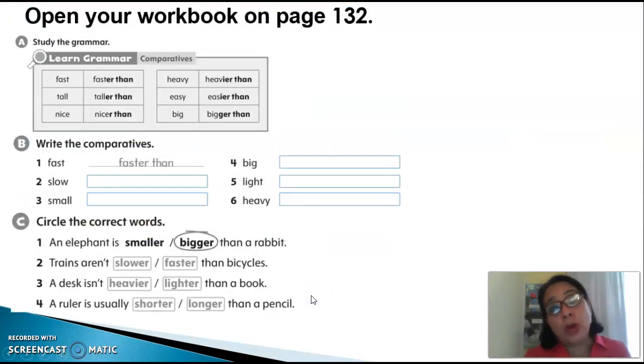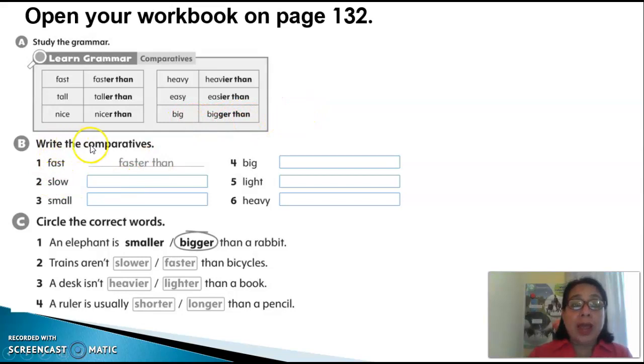Now, open your workbook on page 132. Write the date, please, on the top. June 1st, 2020. In exercise A, it says study the grammar. Please study this chart. Okay? Fast, faster than, tall, taller than, nice, nicer than, heavy, heavier than, easy, easier than, big, bigger than. What are you going to do?